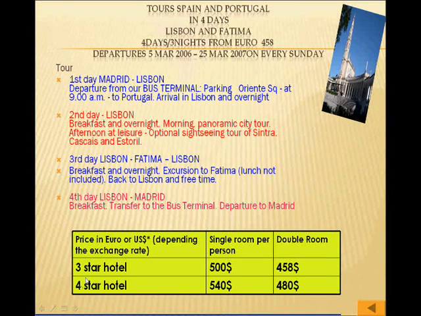The prices for the 3-star hotel is 500 for single room, double room as you can see 458. 4-star hotel you have single room for 540, and for the double room 480. Again, in such a text, the information you need here is the dates, the time, the price, and the tour itself. You'll find in any brochure also a picture which talks about the place they are visiting.